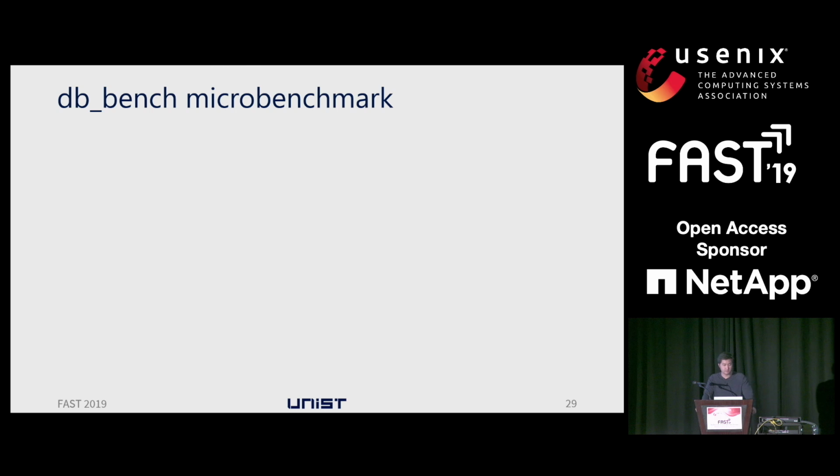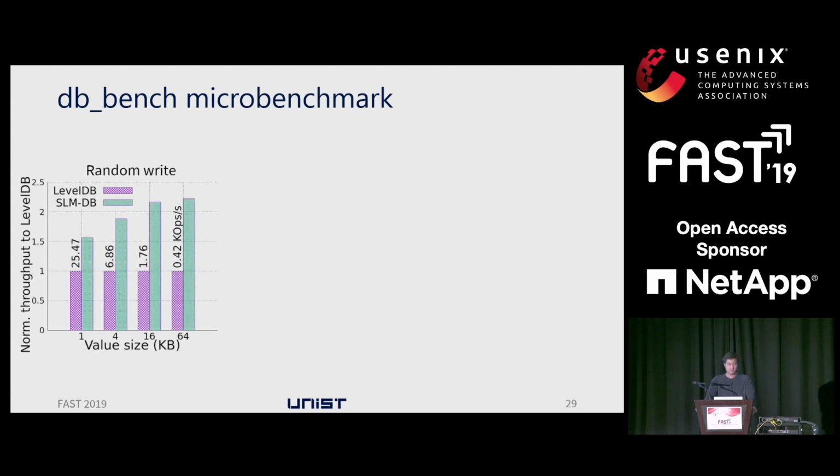Let me start with a microbenchmark of Google's DBbench. And let me start from the first one, the random write. All of the results are normalized throughput to LevelDB, so LevelDB's results will be at 1.